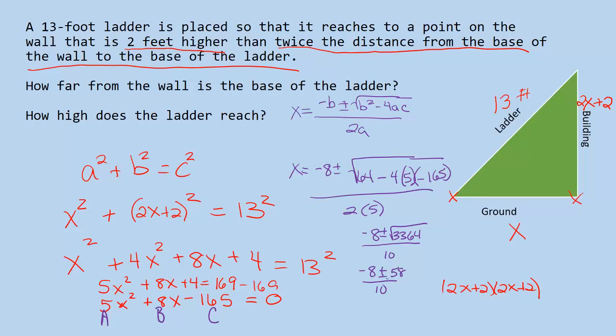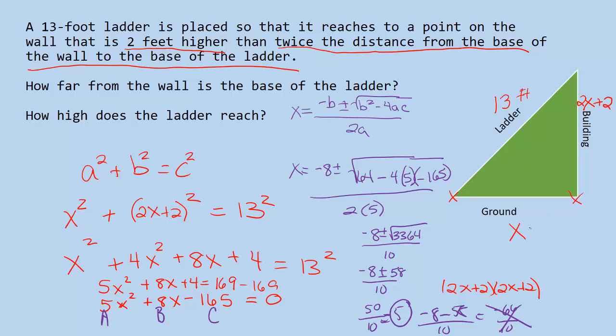So the first one I can do, negative 8 plus 58, that's going to get me a positive 50 over 10, or 5. That looks like a legitimate answer. If I do look at the other option, negative 8 minus 58, already I can see that this isn't going to work because I can't have a negative distance. So that answer isn't going to be valuable, but 5 is.